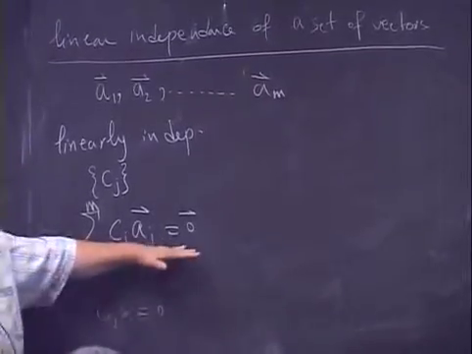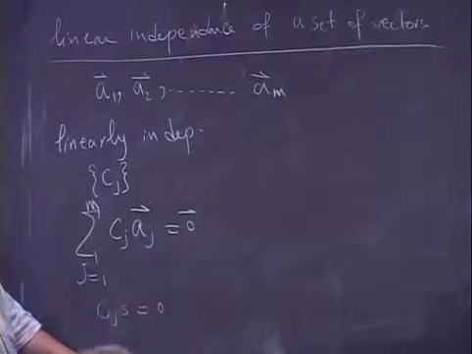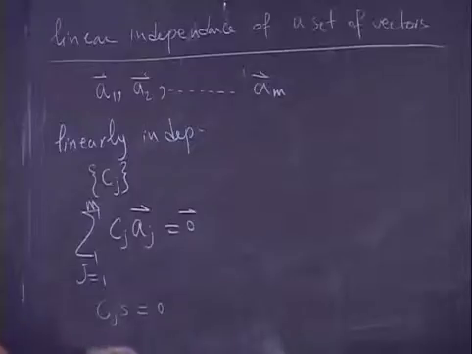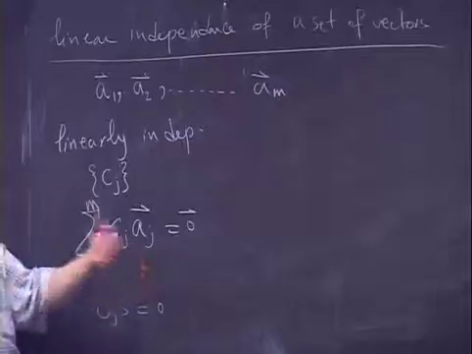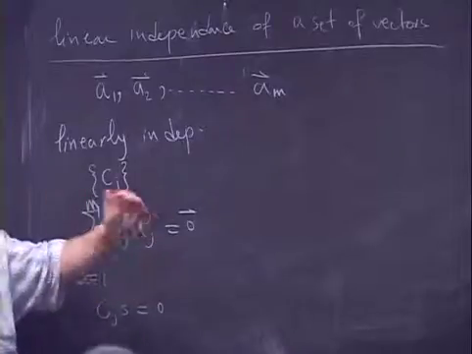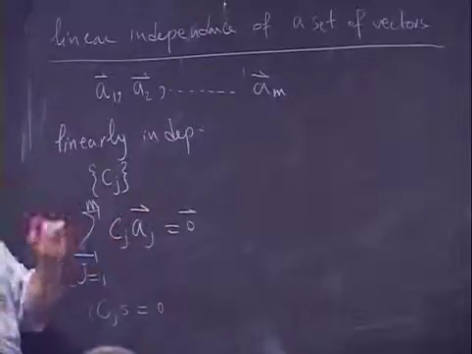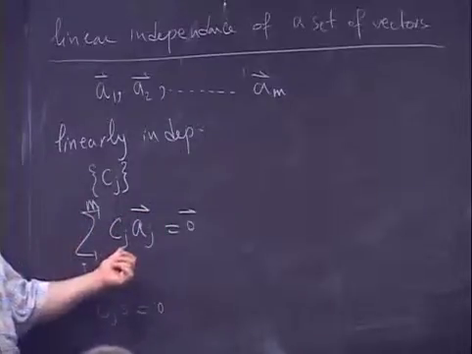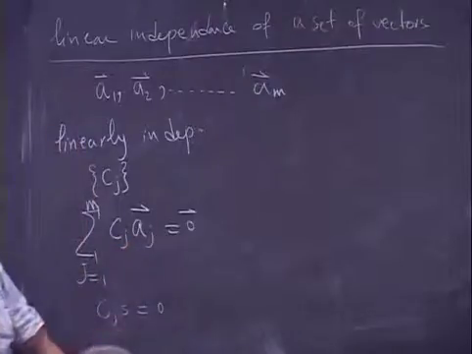So if you have linearly independent vectors and you want to make sure that they are linearly independent, you have C1 A1 plus C2 A2 plus C3 A3 and so on equal to 0 only if all the Cj's, C1, C2, C3, C4, C5, are equal to 0.